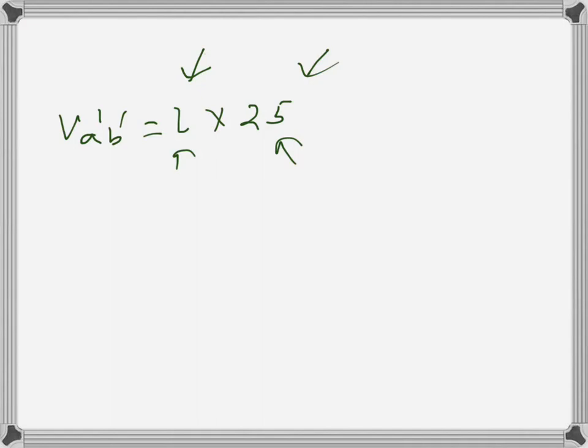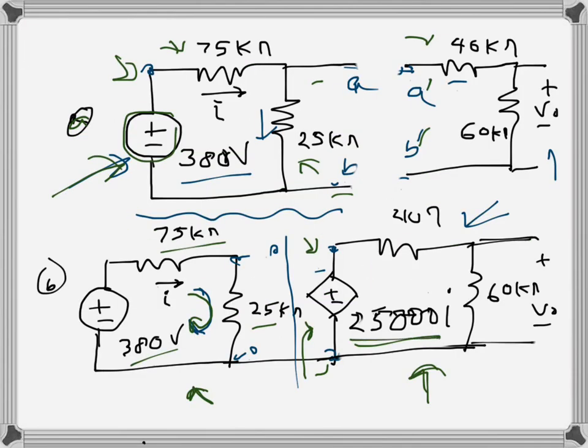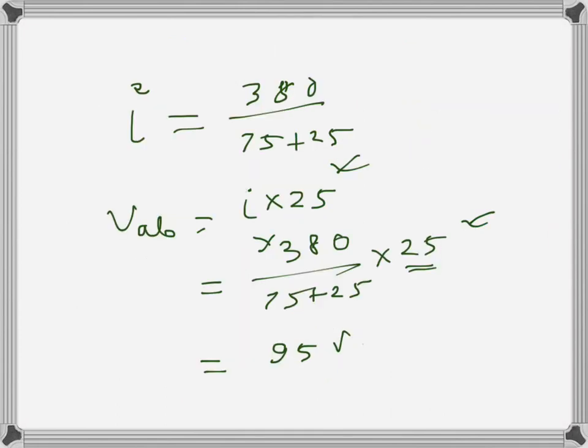So what actually should be the factor here is 25,000. That's why the multiplication factor here is 25,000 times I, because that's what VA prime B prime is. It should actually be I in amps times 25,000.